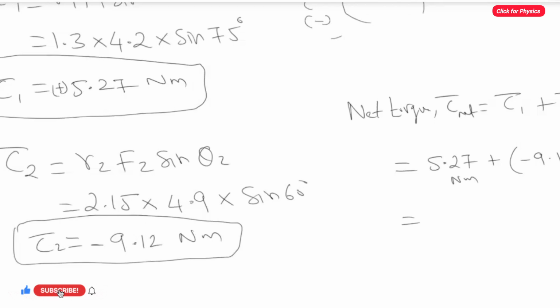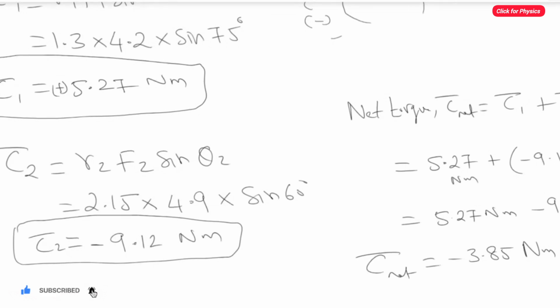So here we have to get a clear picture about the sign, because plus into minus is minus. So 5.27 Newton meter minus 9.12 Newton meter. Let's see the answer. 5.27 minus 9.12. I got the answer here as minus 3.85. Minus 3.85 is our net torque, and the unit for the torque is Newton meter.